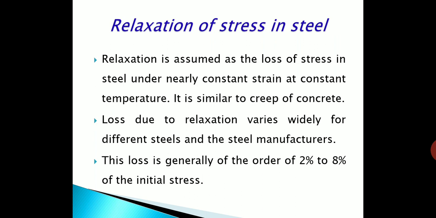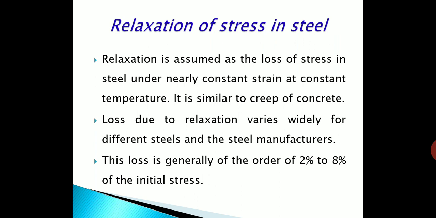The losses due to relaxation vary widely with different steel manufacturers and different grades of steel. So here the steel manufacturers and the process of manufacturing come into the picture. That's why when we purchase steel, knowing the manufacturer becomes very important. It is not only the grade which is important, it is also the manufacturer from which we are purchasing steel.